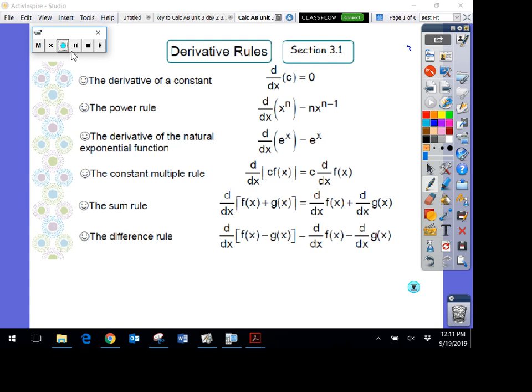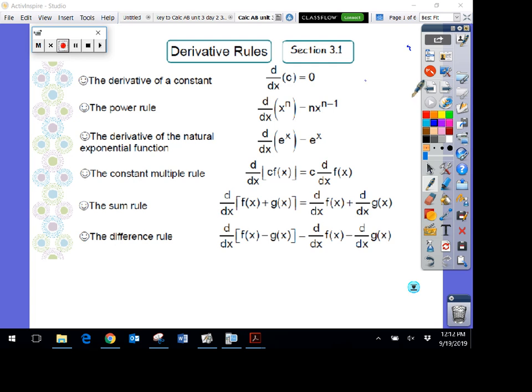The power rule. This is what's going to really change your life right here. Okay, the power rule is wonderful. You take the derivative of x raised to some exponent. What you do is you bring that exponent down in front, so the n comes down in front of the variable of x, and then you take whatever the original exponent was and you subtract 1.